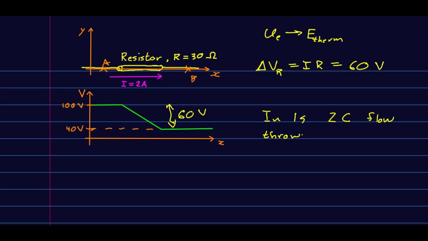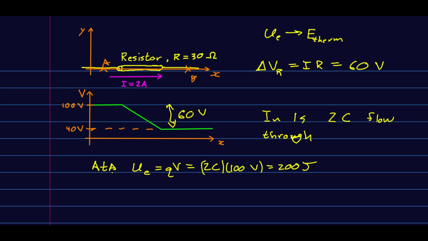As they pass point A, the potential energy of that, well, it's going to be a Q times V, right? And so that is just 2 coulombs times our 100 volts, or 200 joules.